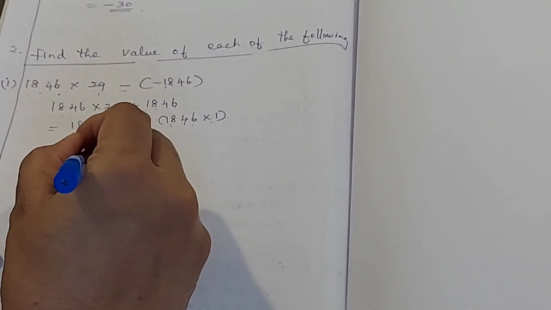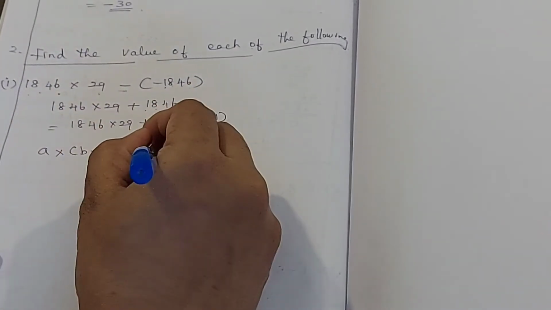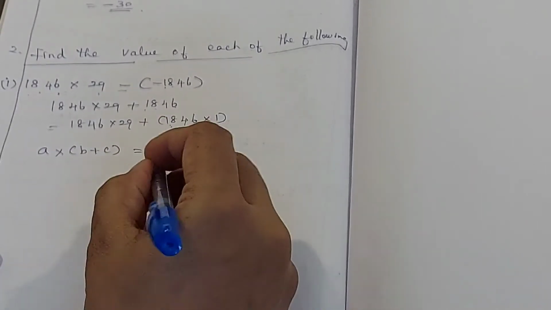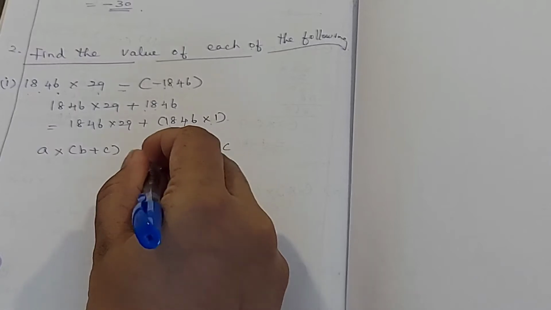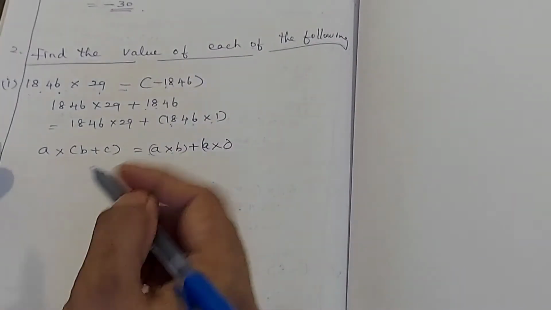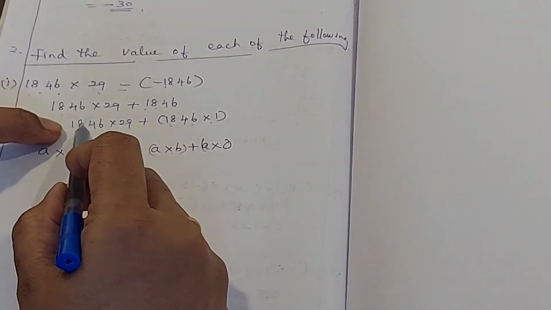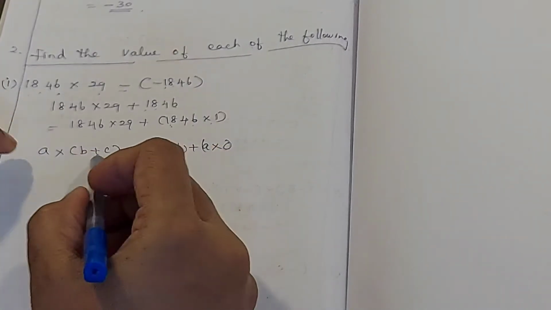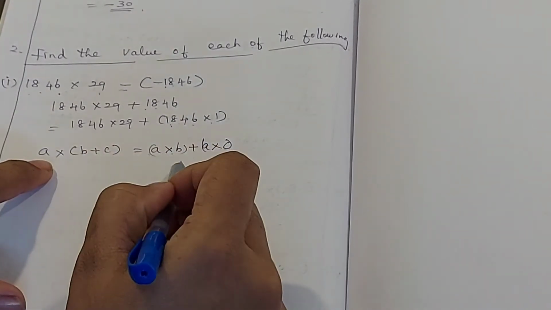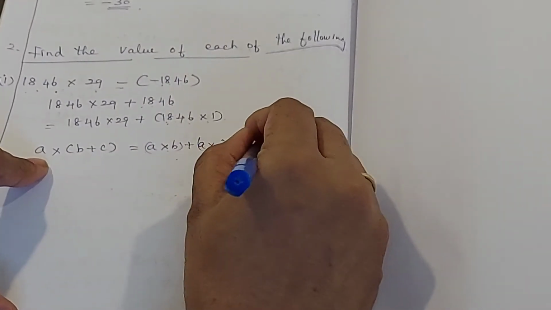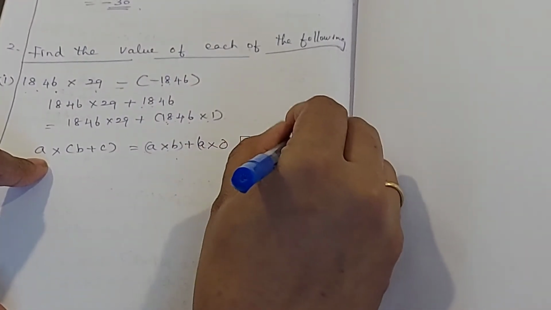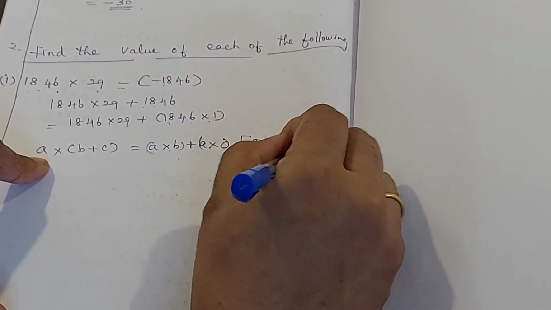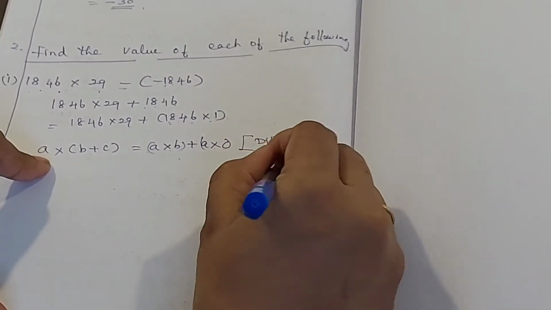A cross (B plus C) is equal to A cross B plus A cross C, that is A multiplied by B plus A multiplied by C. See, we have got the same number 1846 in both terms. So I can say they have used this property, distributive property over addition. You have to mention it over here: distributive property over addition, right?